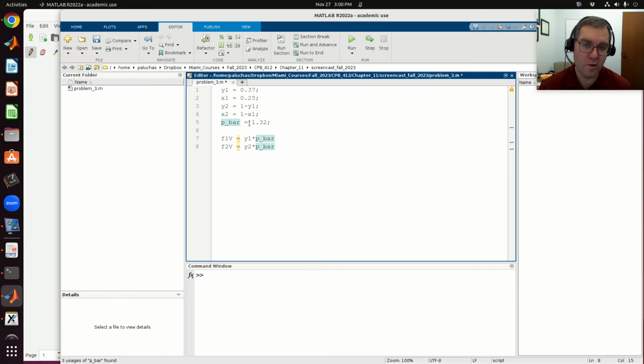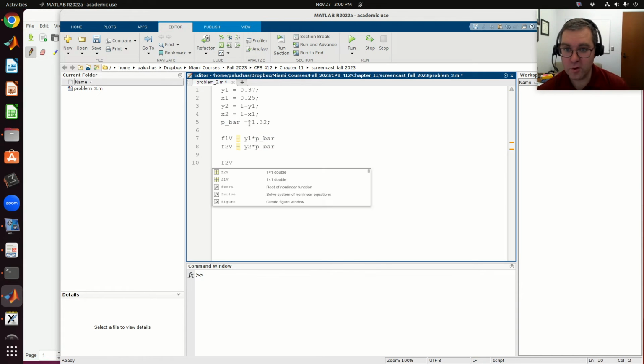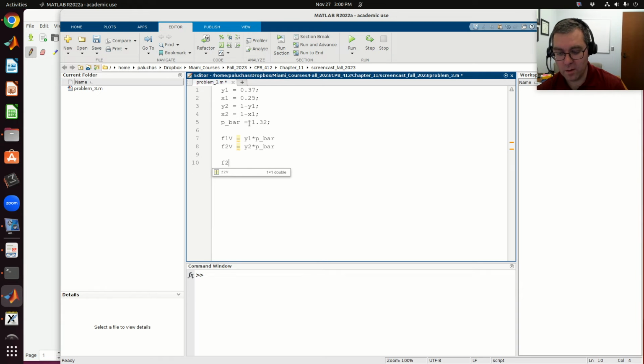The fugacity coefficient in the vapor was 1, so I don't need to worry about that. f1 in my liquid phase was just equal to the fugacity of component 1 in my vapor, and f2 in my liquid was just equal to the fugacity of component 2 in the vapor. Then to get my fugacity coefficients, phi1 of the liquid was just equal to y1 divided by x1, and phi2 of my liquid was just equal to y2 divided by x2.